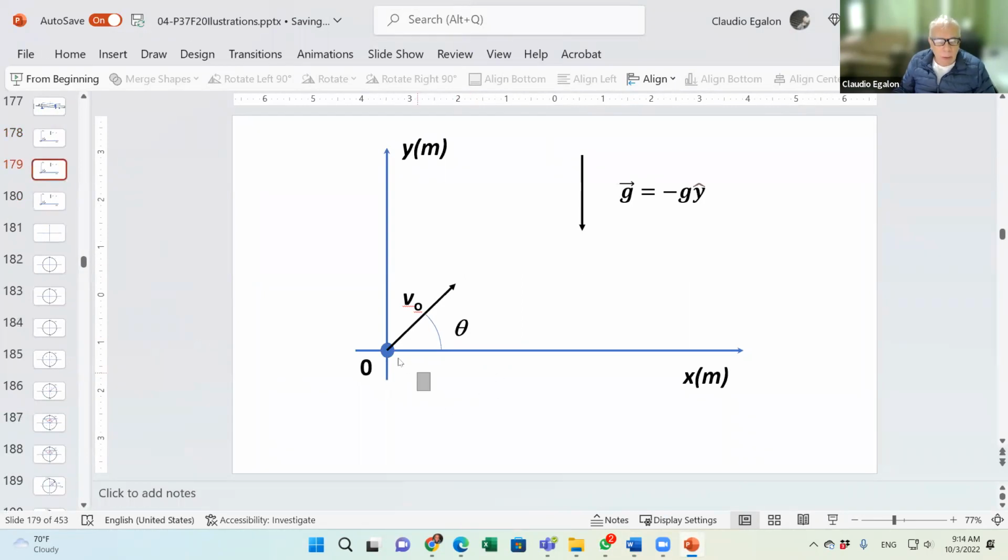It means that this particle is moving with constant velocity along the x-axis as time goes by. That's the motion diagram of the projectile. Illustrations are easier to visualize than formulas, right? That's why we do that.